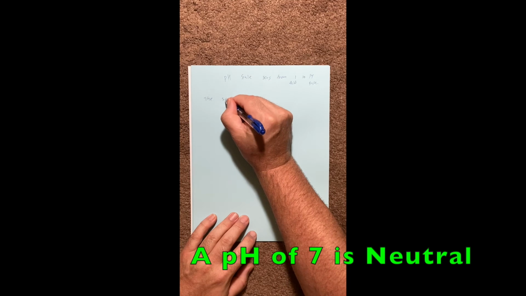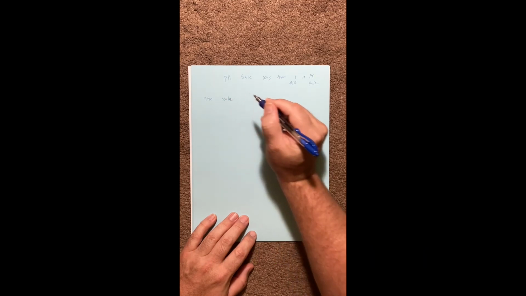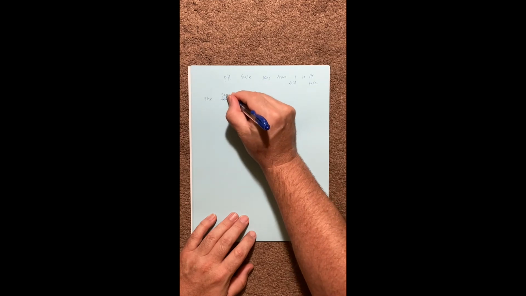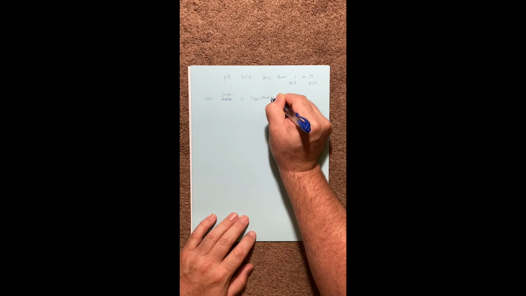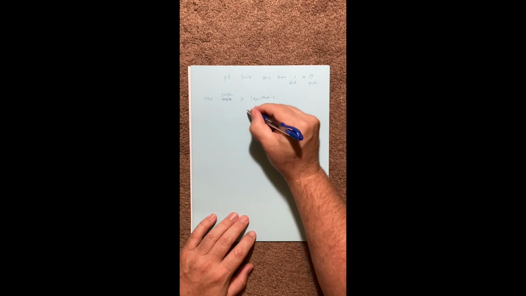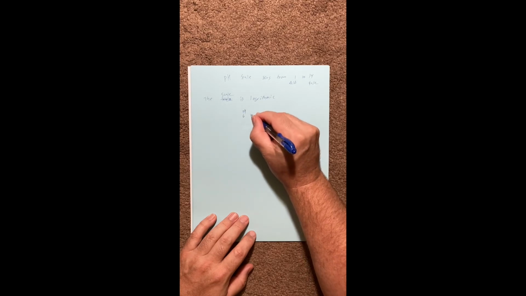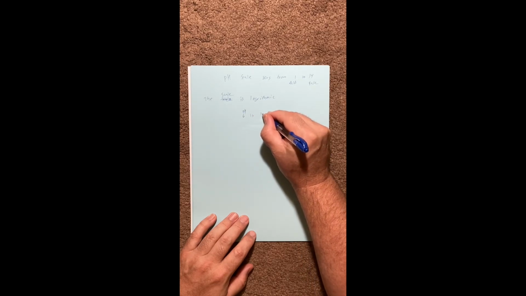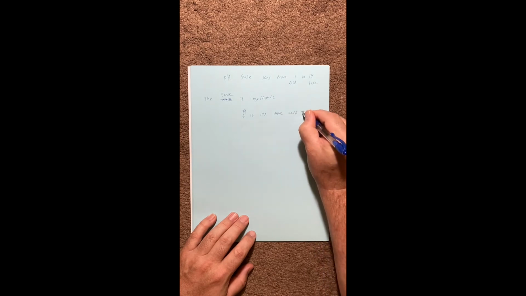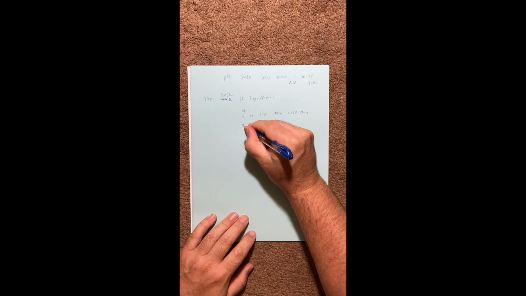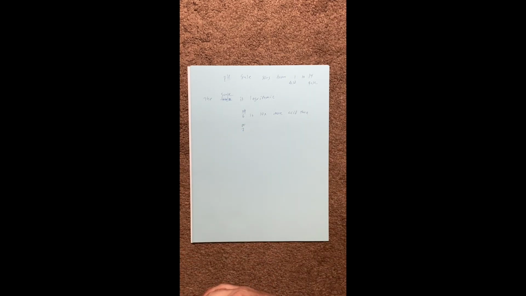The scale is logarithmic, meaning that pH 6 is 10 times more acidic than pH 7.